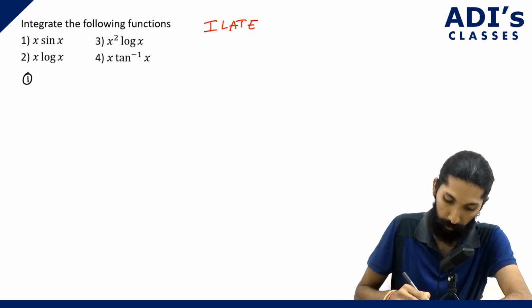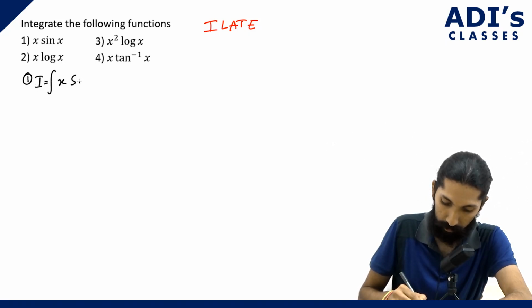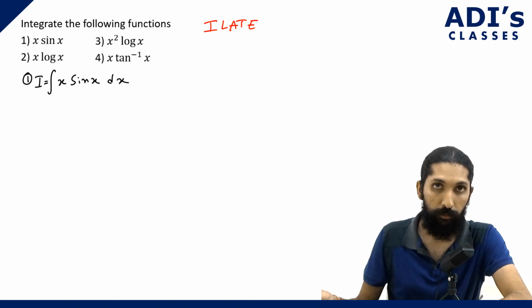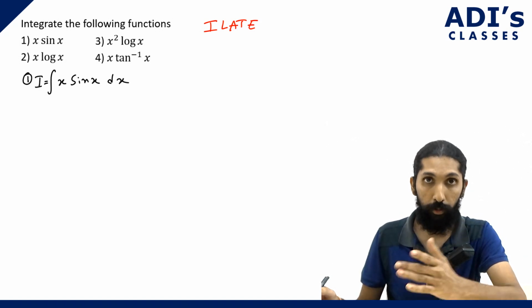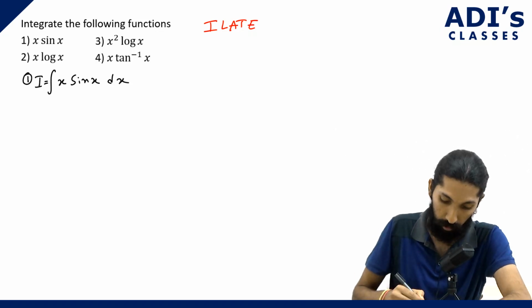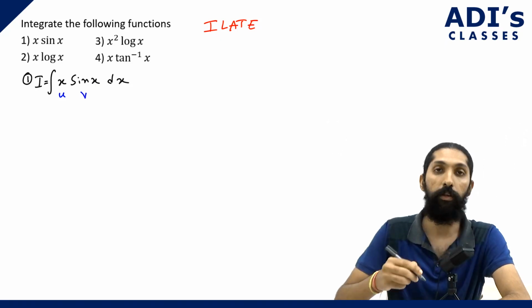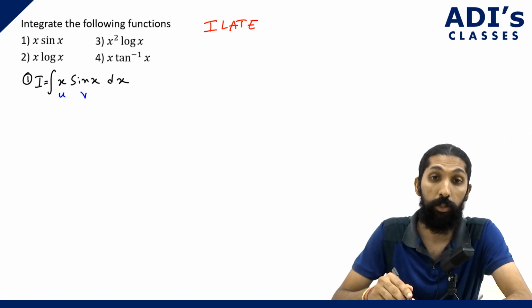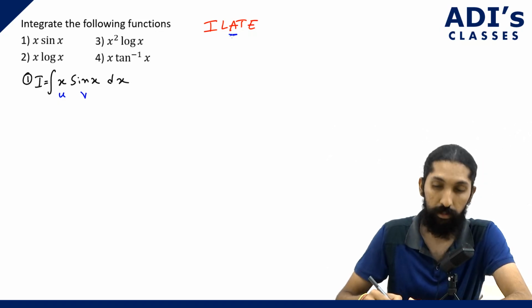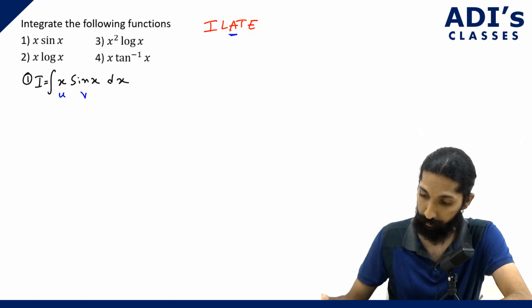So in this case, when we are doing the integral of x into sin x, what should be the first function, what should be the second? Basically u and v. So here x becomes u, this becomes v, correct? Because the first function has to be algebraic. Algebraic takes the precedence. Then comes the trigonometric.